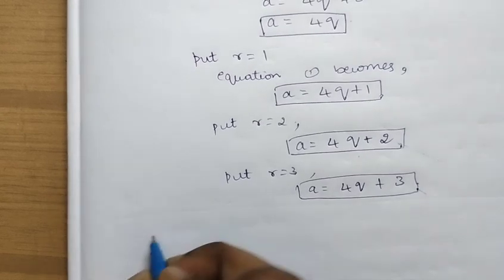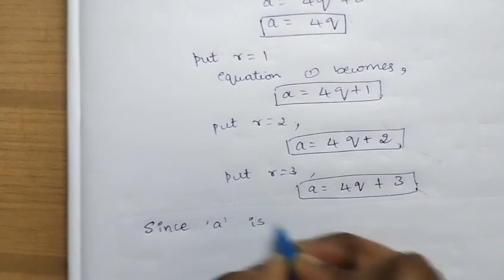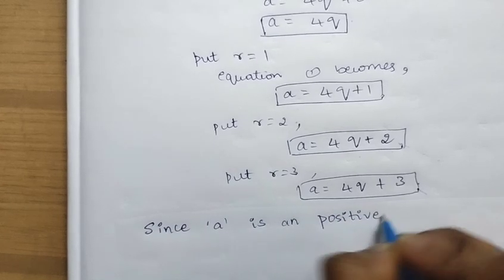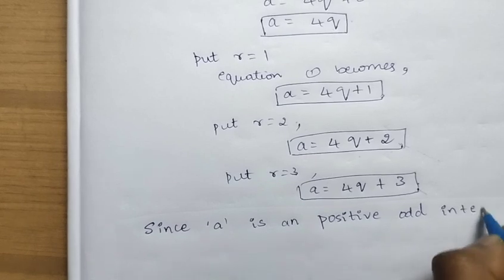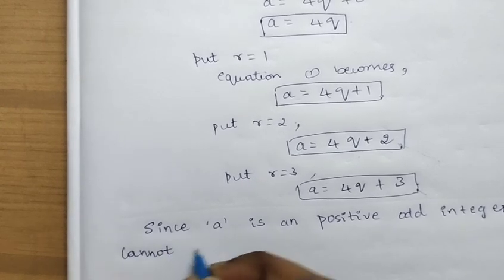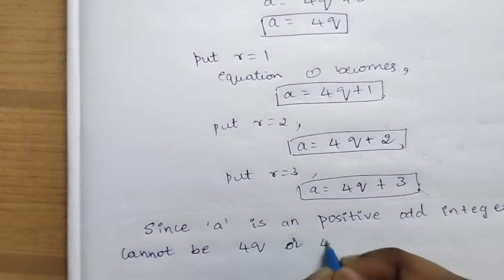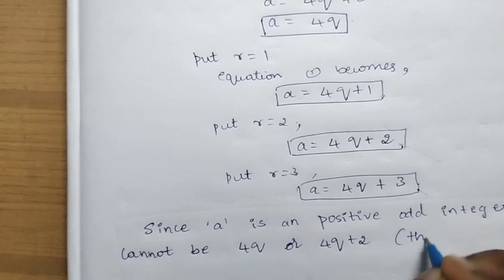So, how do we write this? Since a is a positive odd integer, it cannot be 4q or 4q plus 2. The reason is they both are divisible by 2.